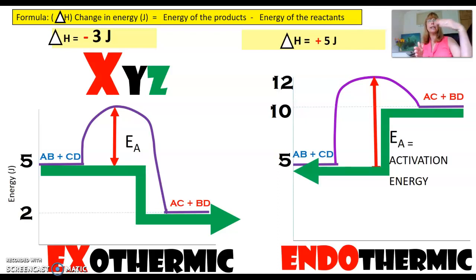And therefore, the opposite is true for an endothermic reaction. So I use those little memory aids so that I don't have to remember all that much. X for exothermic, X, Y, Z for a Z-shaped graph, and of course, X being negative delta H.